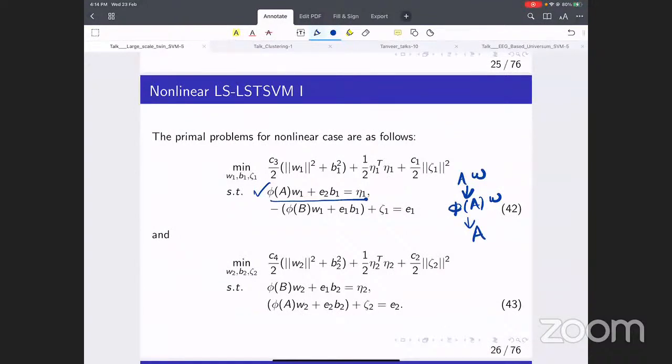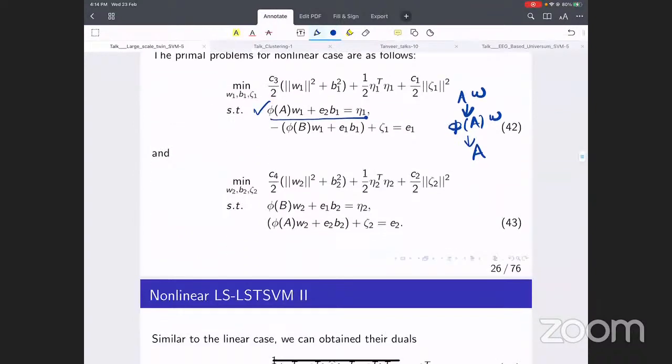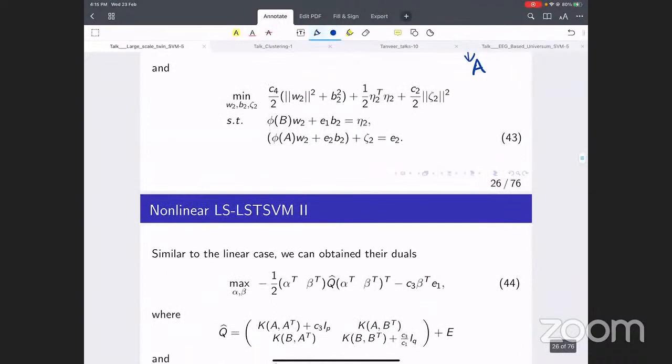But this is not true for twin SVM or twin bounded SVM. They have kernel generated surfaces. It means that if you change the kernel, that non-linear kernel is not equivalent to the linear kernel formulations. So that issue is also resolved.